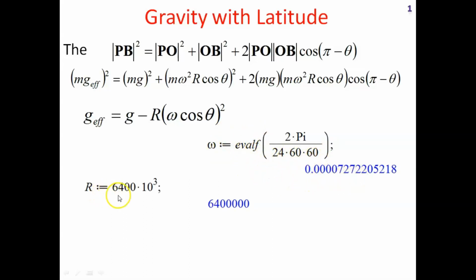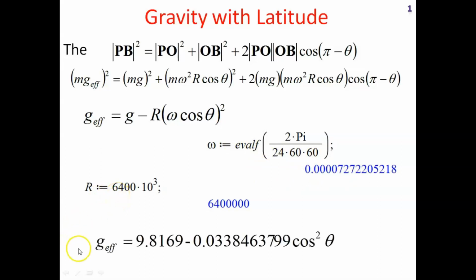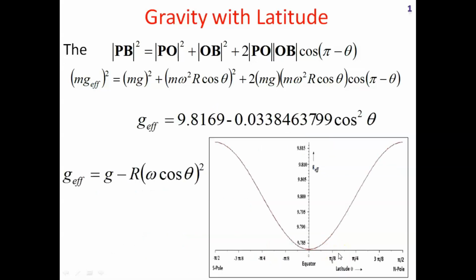Radius of Earth is 6400 kilometers. So by substituting these values we can obtain the equation g effective is equal to, here I am substituting the precise value of g, 9.8169 minus 0.03384 into cos square theta. Now the whole story depends upon theta. At the equator theta is equal to 0 and cos of 0 will be 1.